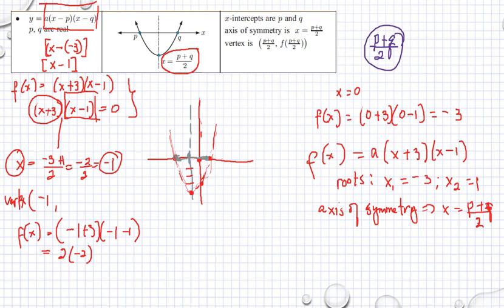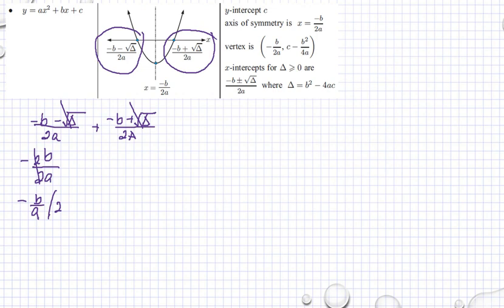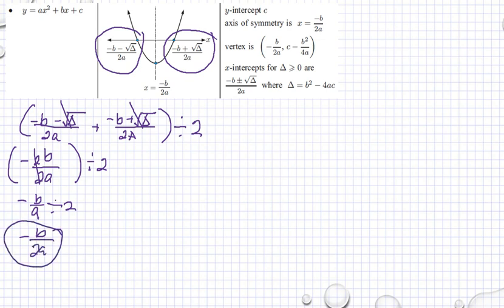The same that we used there, we're going to use here. So we need to divide this by 2 also. Divided by 2, and we have negative b divided by 2a.